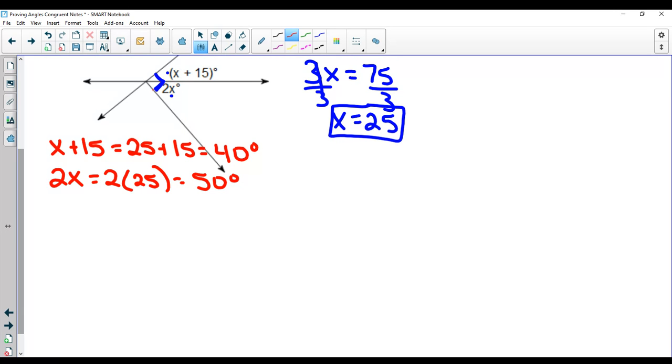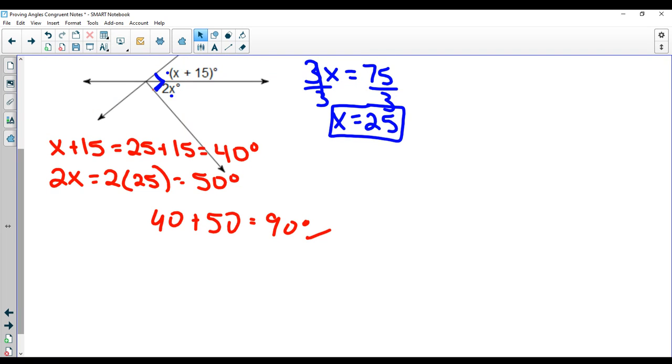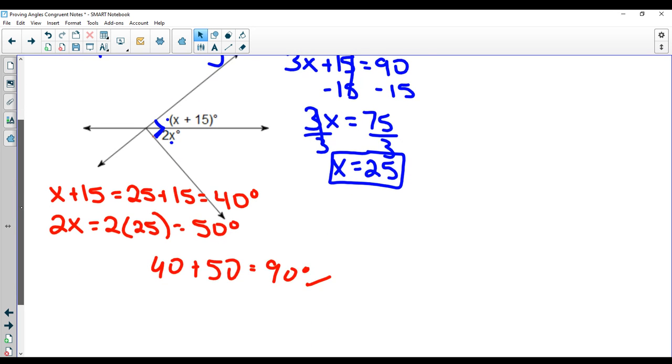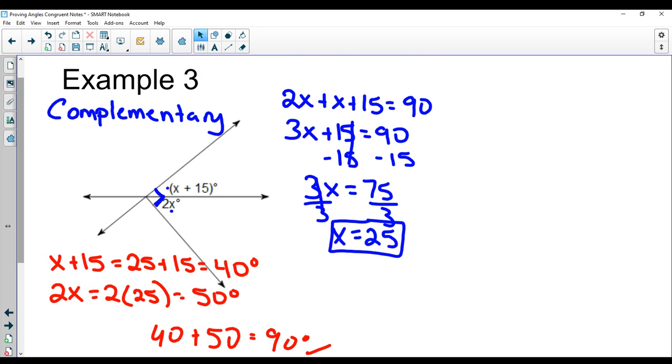And then obviously 40 plus 50 is 90 degrees. So we know we've done it correctly. But again, you will probably only be asked to do the blue writing. The red is optional. Okay?